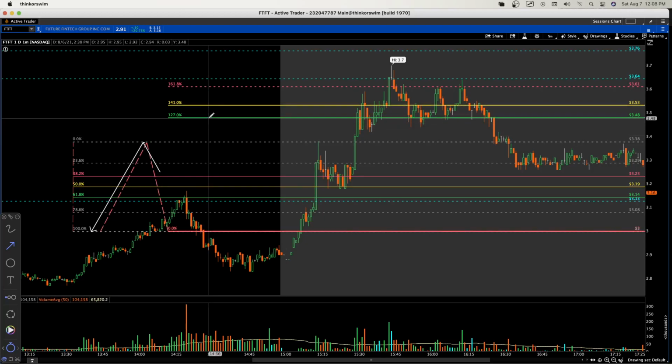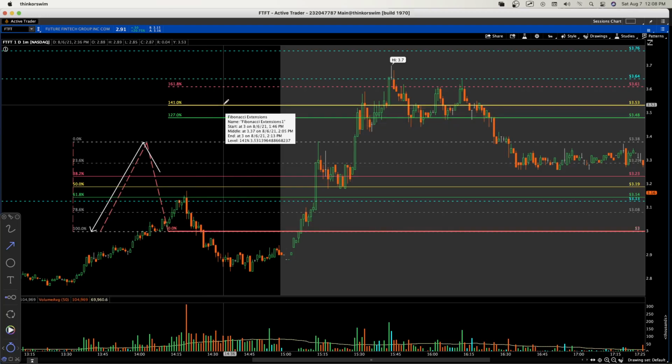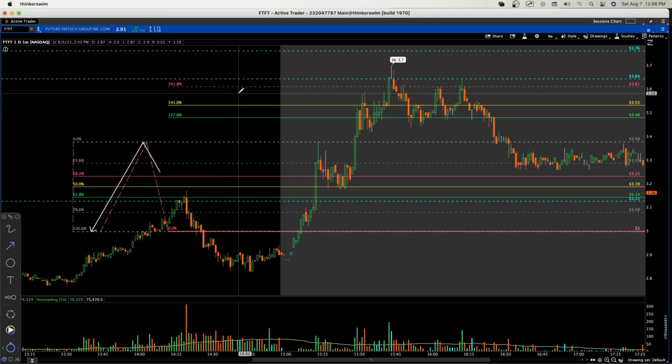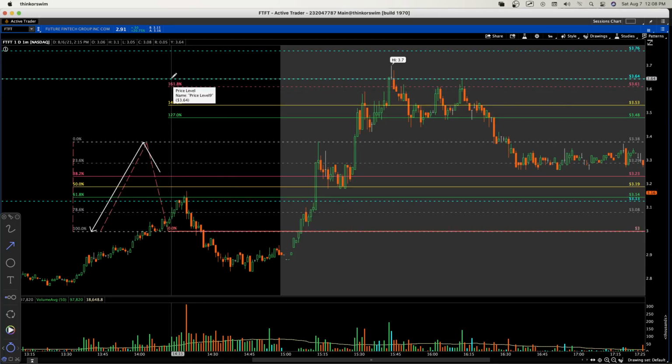You might see some resistance at this 127 level, maybe at this 141 level, maybe at this 161.8 level. Keeping in mind that 61.8%, 0.618, and 161.8, all of those are what they refer to as the golden ratio. That's the one that's most respected by traders, that 61.8%.